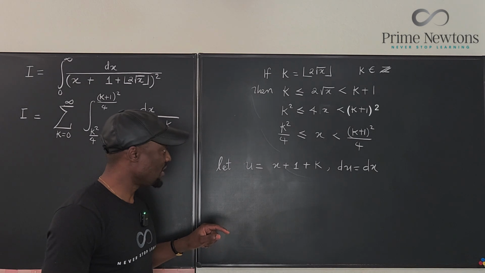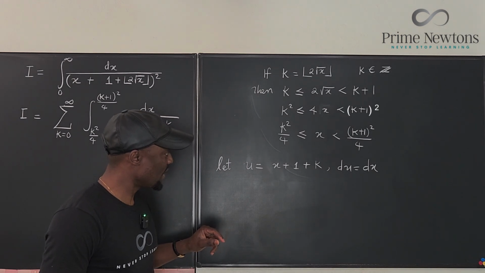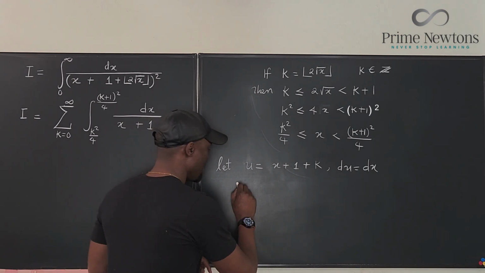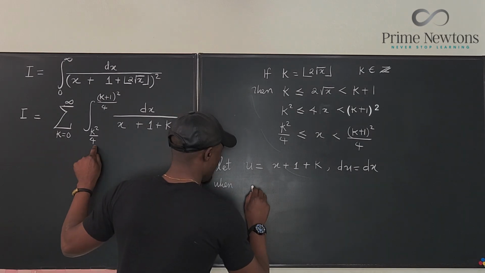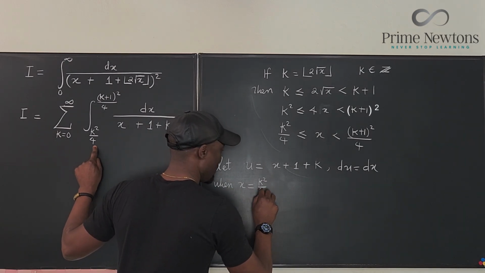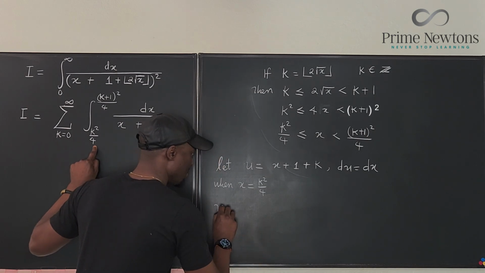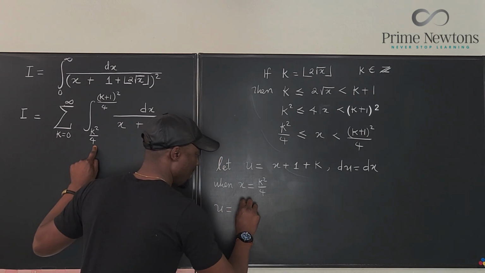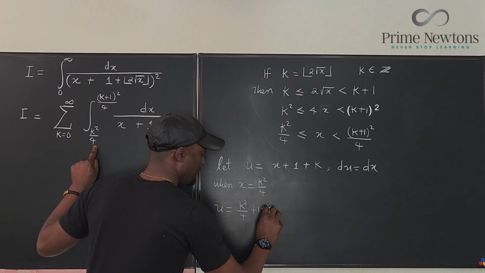Okay? So if we change the boundaries for this integral, what do we get? If you evaluate u when x is equal to k squared over 4, u will be equal to k squared over 4 plus 1 plus k.